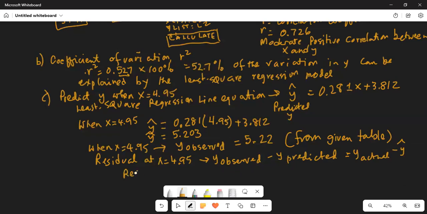Okay, so residual is equal to y actual, which is 5.22, minus y predicted, which is 5.203, and that is equal to, using my calculator, 5.22 minus 5.203, which is 0.017.